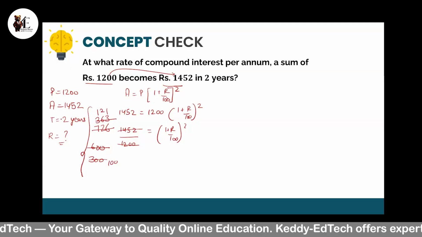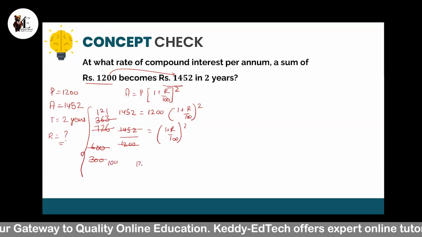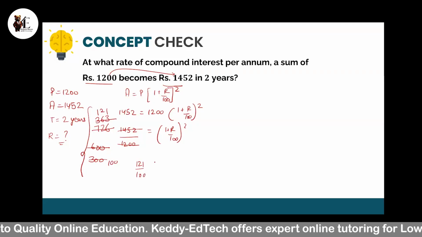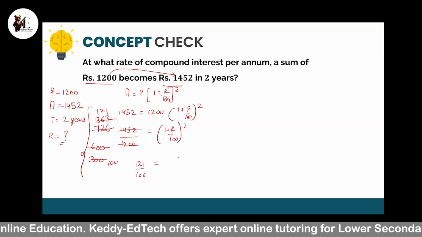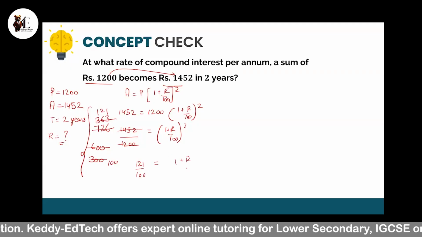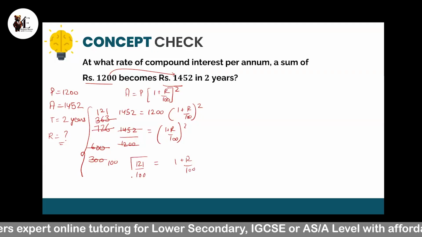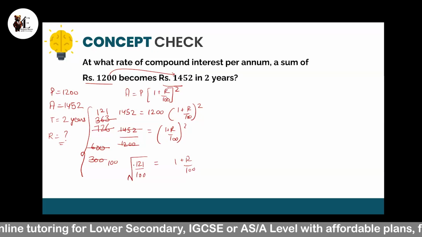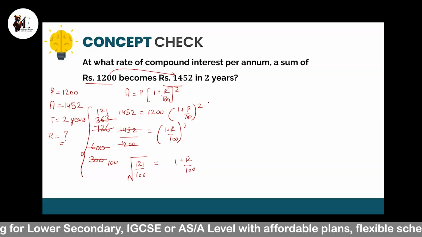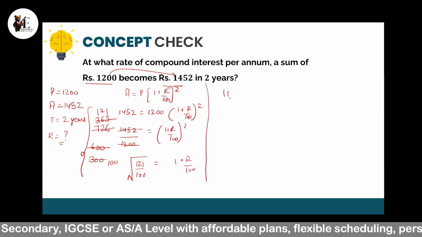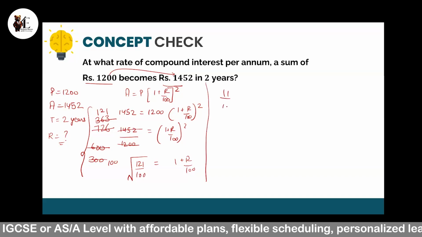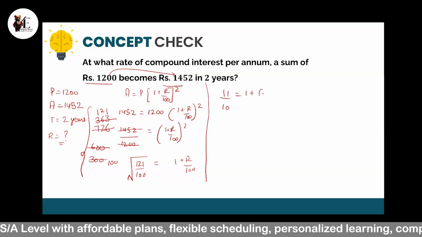So now I am getting 121 over 100 is equal to (1 plus R over 100) squared. If I remove the square from the right-hand side, I have to put a square root on the other side. Now 121 is the square of 11, 100 is the square of 10, equals 1 plus R over 100.